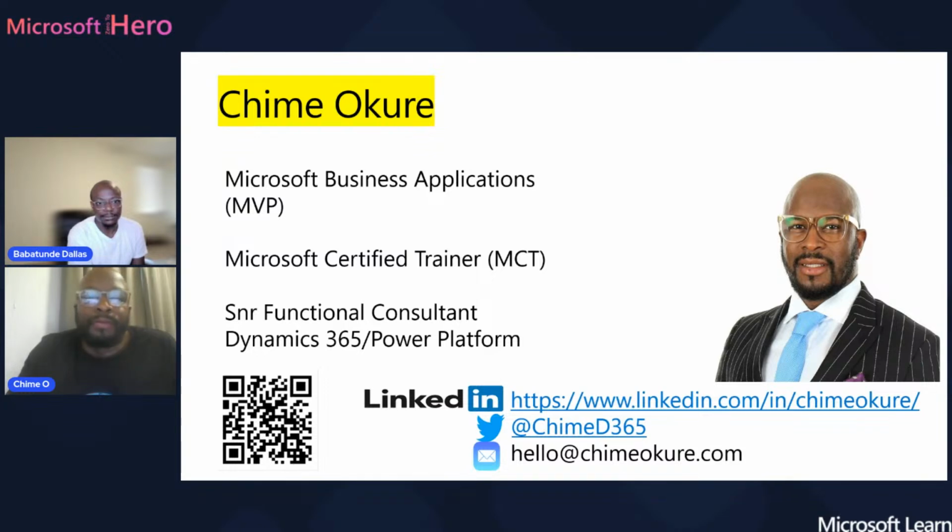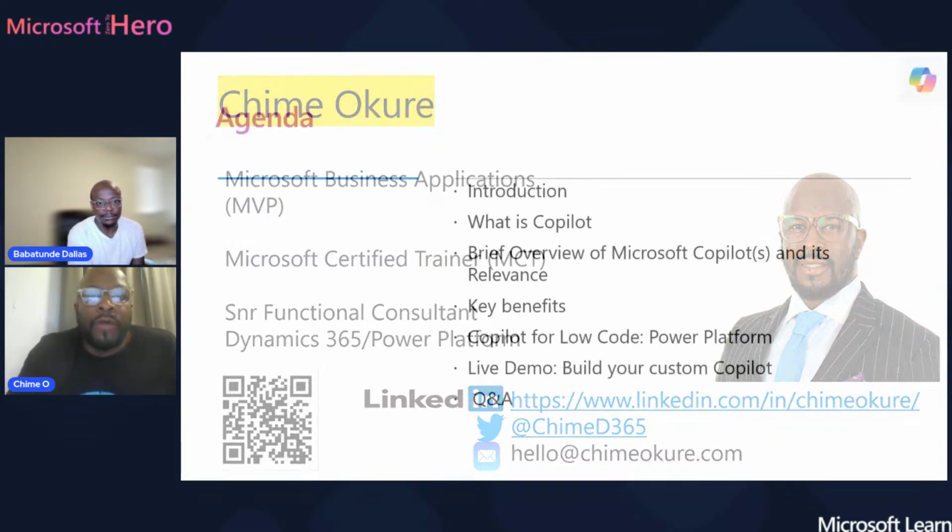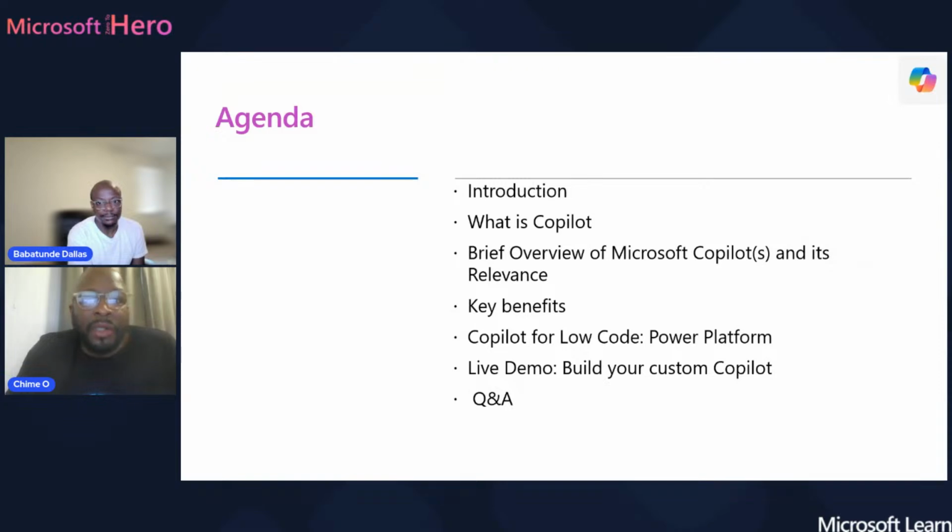So for the purpose of this session, I've got an agenda that I've set. First, an introduction into the Microsoft Power Platform. What is Copilot? We have different types of Copilots: the Microsoft 365 Copilots, and the Microsoft low-code Power Platform Copilots as well. What are the key benefits around these Copilots?